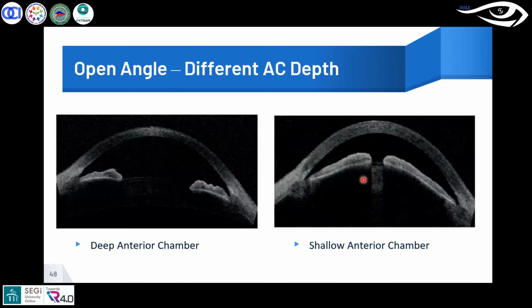In both these images, the angle is open, but the anterior chamber depth is different. So you can see that it is a very deep anterior chamber, but here it is a shallow anterior chamber. But both are open. But in the previous image which I showed in the poll, the angle was closed and it was also a shallow anterior chamber. Here the angle is visible, but the depth is also shallow.